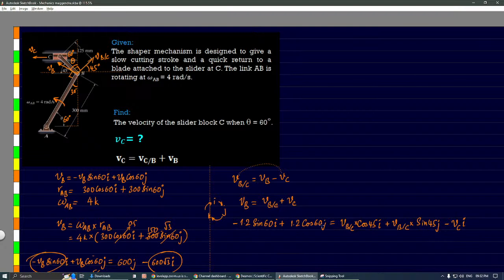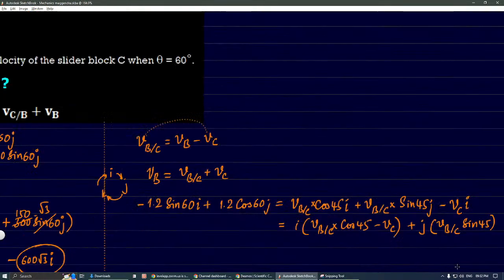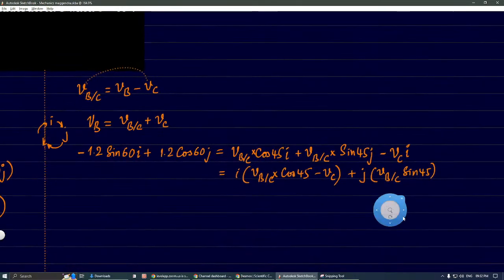Again, combine the I and J terms. If you take the I term, you get velocity of B with respect to C into cos 45 minus VC. And the J term we have only one, that is velocity of B with respect to C sin 45. Now compare the I and J terms.